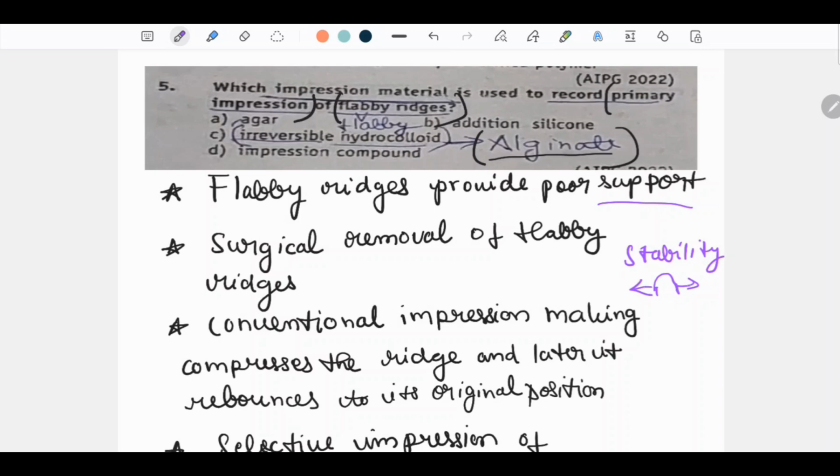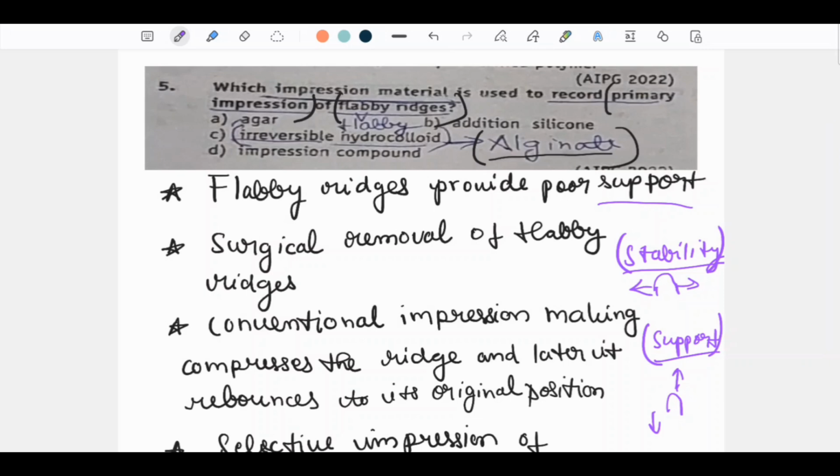This kind of movement is prevented by stability, whereas support is vertical force like masticatory forces. Those kind of forces have to be resisted by support. So the support feature is affected by the flabby ridge.